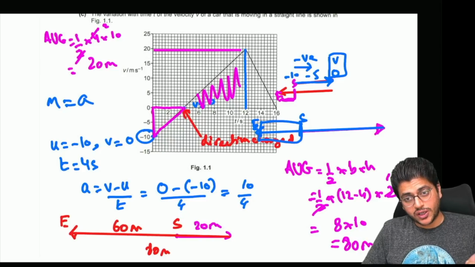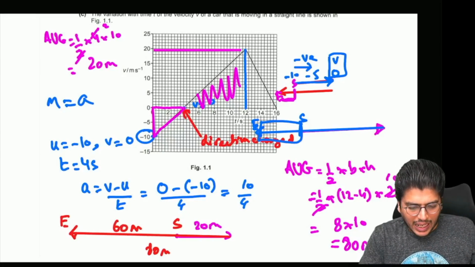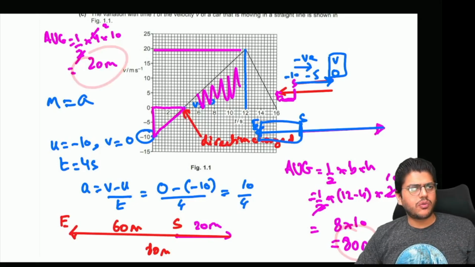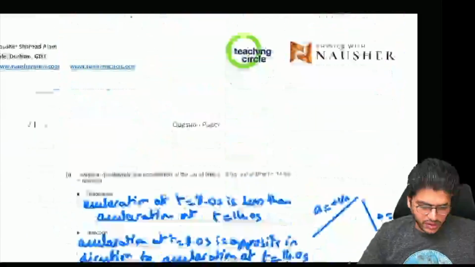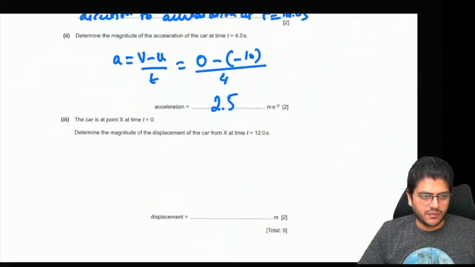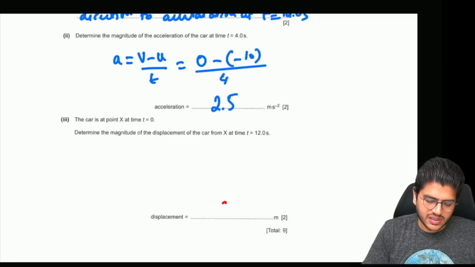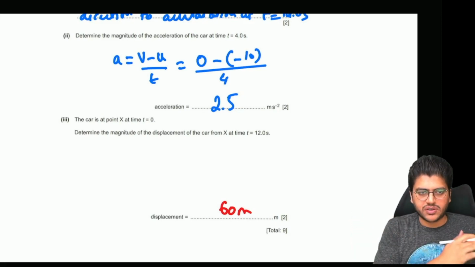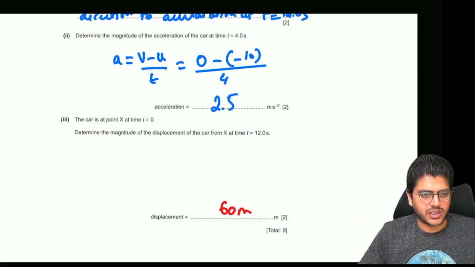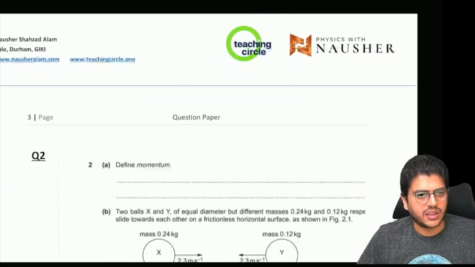And if they ask you what is the total distance that you've traveled, in that case, would you add 80 and 20 or would you subtract? You would add. So in this case, you can do all of the working over here now. Your final answer is going to be 60 meters because you moved 20 meters one way, 80 meters the other way, and the net displacement was 60 meters.